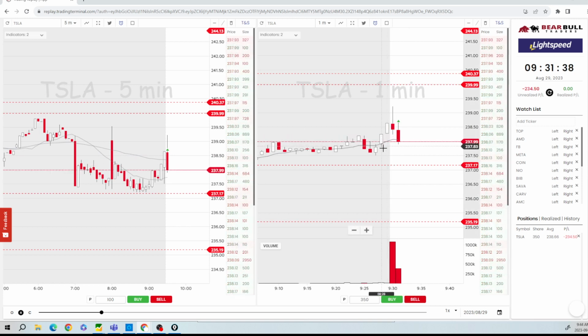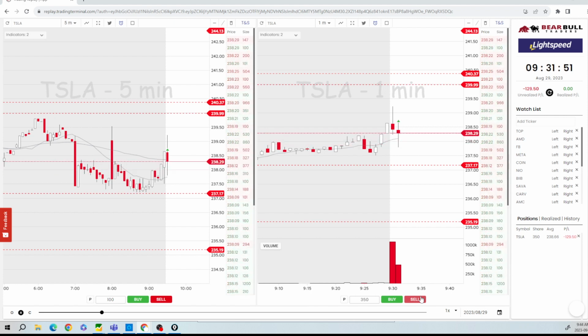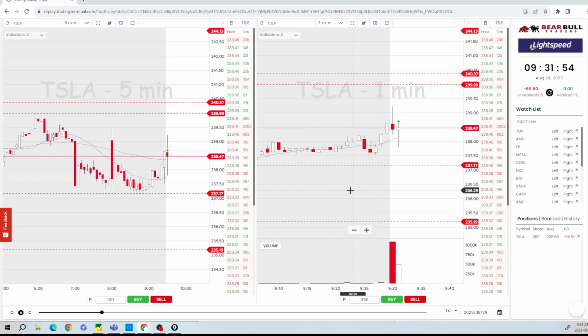So it didn't break. About to stop out, but it didn't break yet. Okay, still we're in the trade right now.